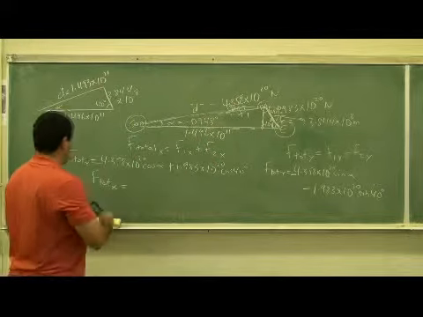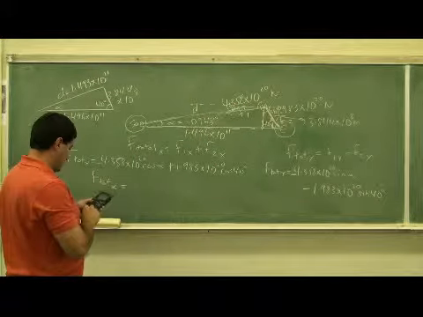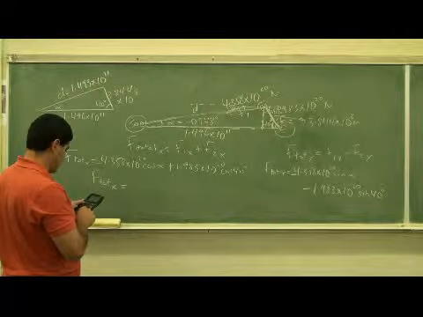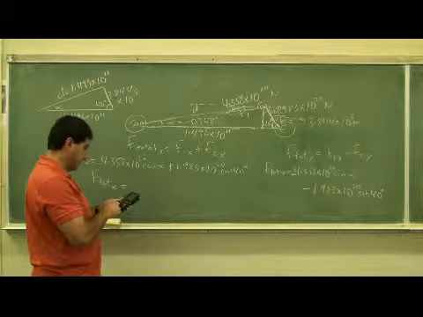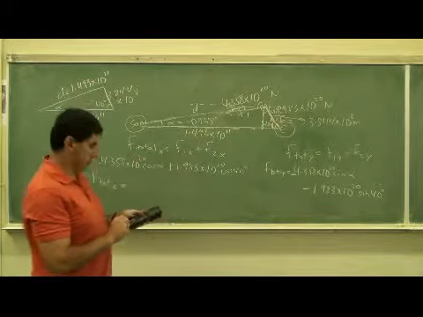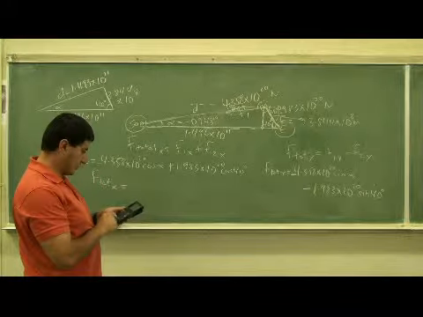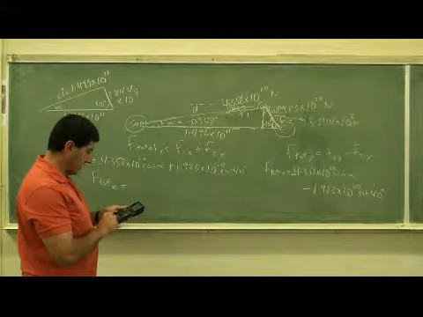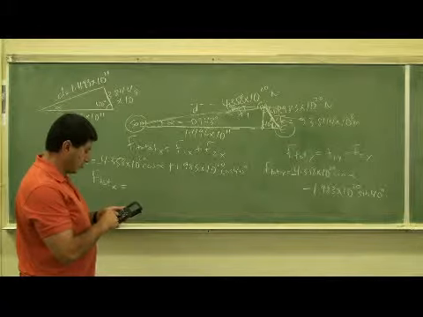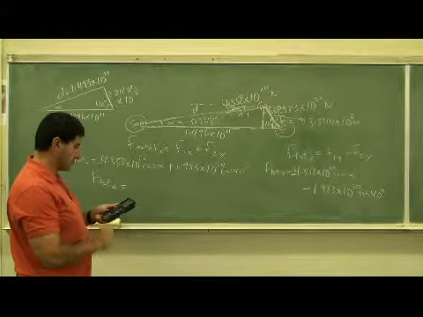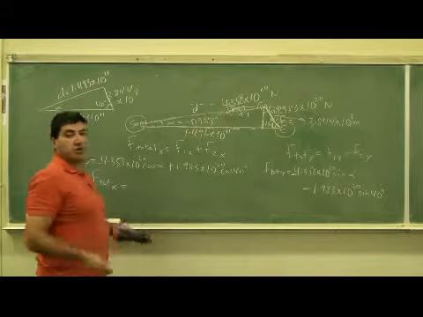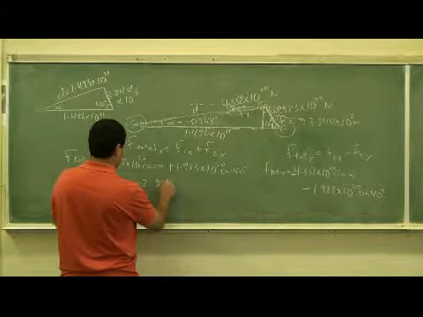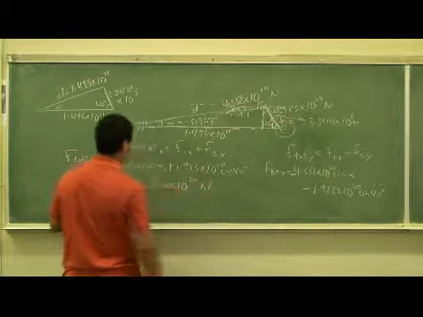So you're going to have negative 4.358 times cosine of 0.0948 plus 1.983 cosine of 40. Since they were both 10 to the 20th, I can just factor that out, and I'm going to get negative 2.84 times 10 to the 20th newtons.